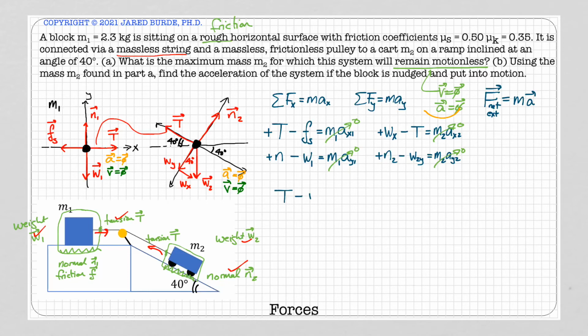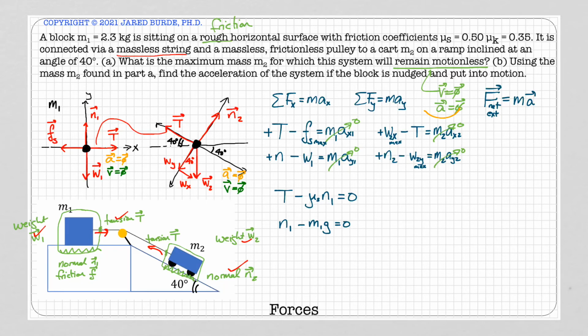plugging in what we have for each equation. This is assuming a maximum static friction, which is going to coincide with a maximum weight of block 2. In this case, we can get rid of weight and we can start writing things in terms of their values.